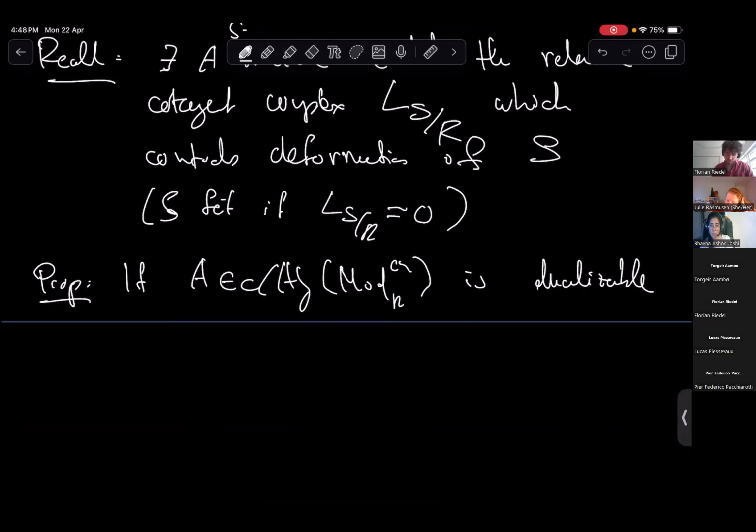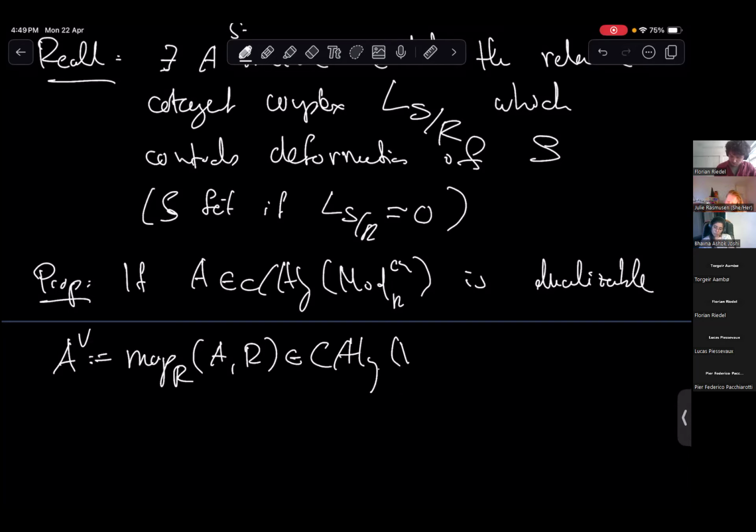Yeah, if this is dualizable, you're basically in a land where algebras and coalgebras are really dual to each other, in the sense that the R-linear dual, the R-linear mapping spectrum from A into R, will then be a commutative algebra in R-modules.